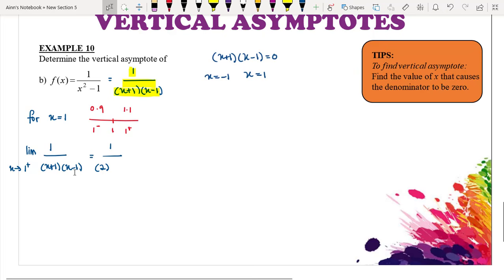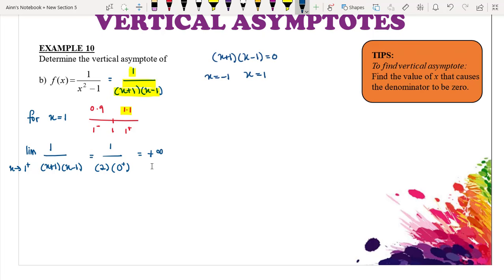But here we have x approaching 1 positive, so we can take the value 1.1. 1.1 minus 1, we will get a positive value. So we can put 0 positive here, equals 2 times 0 positive, we get 0 positive, so 1 over 0 positive, and that will be positive infinity.